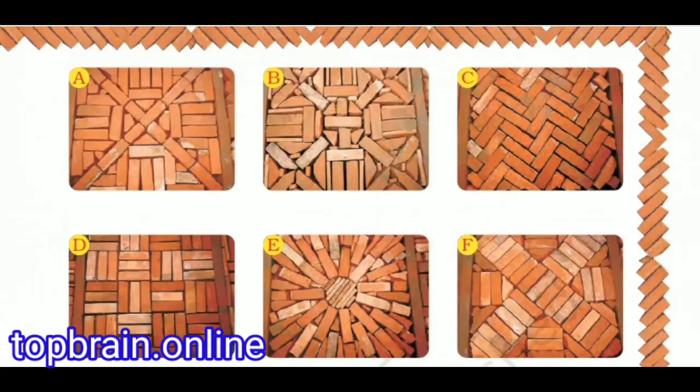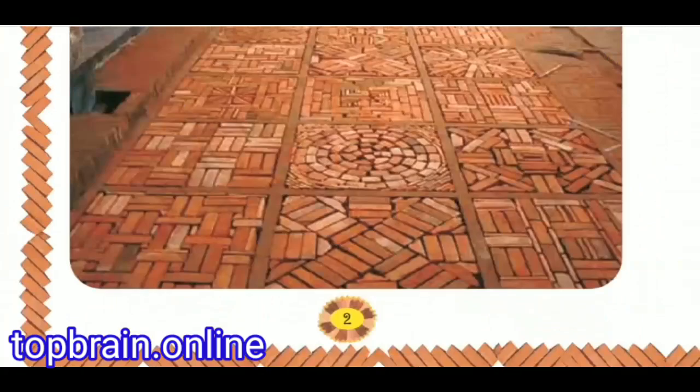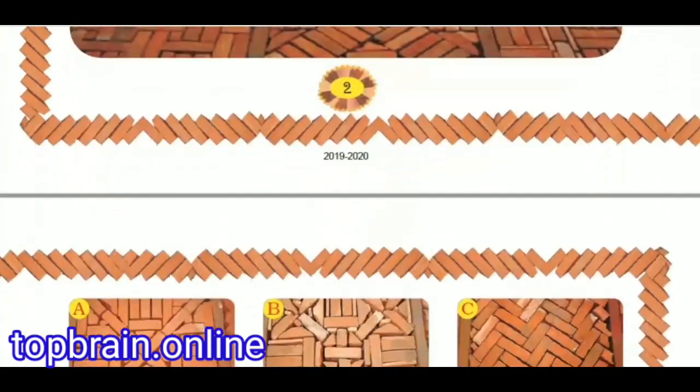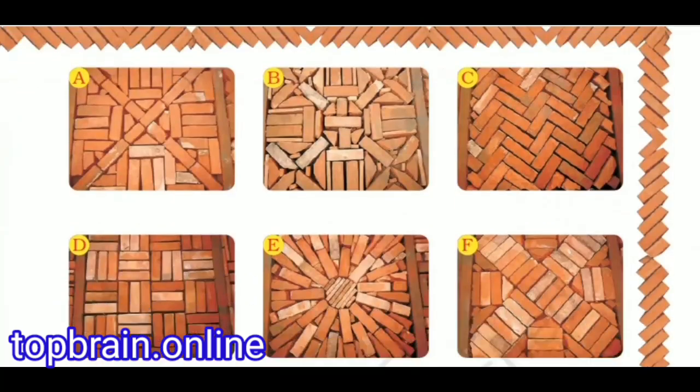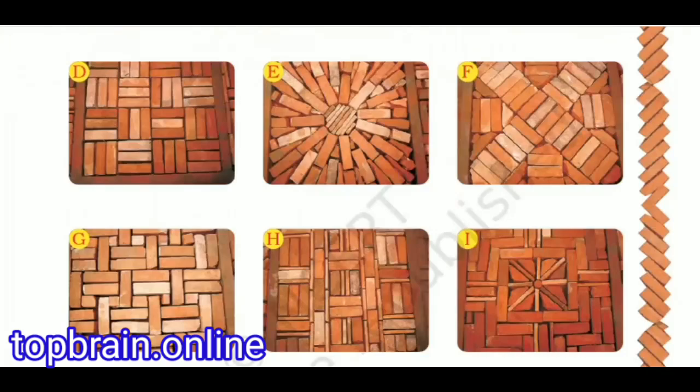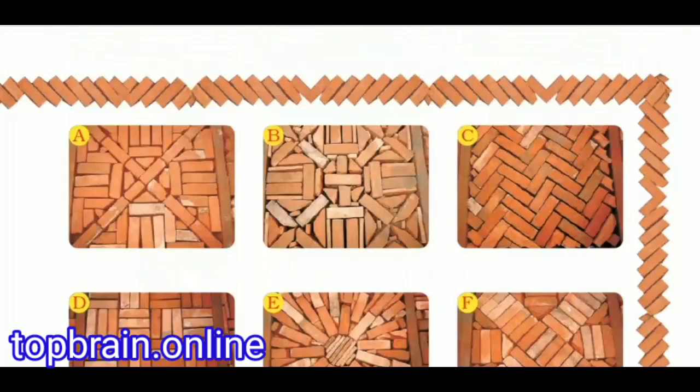Now the floor pattern you have seen earlier is made in separate parts. Observe first part A, B, C, D, E, F, G, H, I. First observe A, B and C part. See the arrangement of bricks in this arrangement.